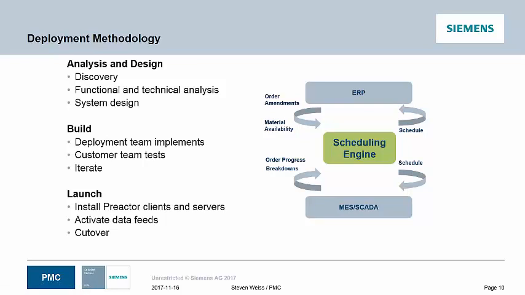This involves installing Preactor on the client computers at which the users will view it and manipulate it, and on the servers on which the database resides, on which the licenses reside. With those in place, we can activate production data feeds and then cut over from the old system to the new.